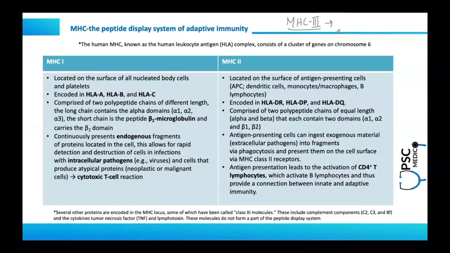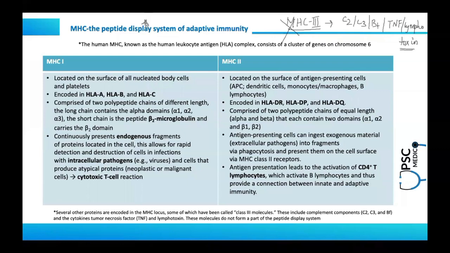And there is MHC3, just for the sake of completion I'm discussing it. The examples for MHC3, which we call class 3 molecules, are complement C2, complement C3, complement BF, and also tumor necrosis factor and lymphotoxin. This is a common question in PG entrance examinations: what is MHC3 and what are the components?